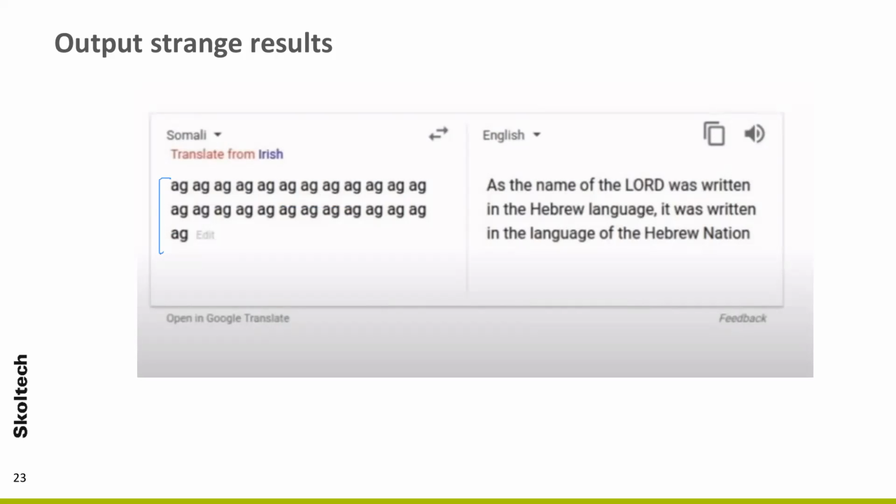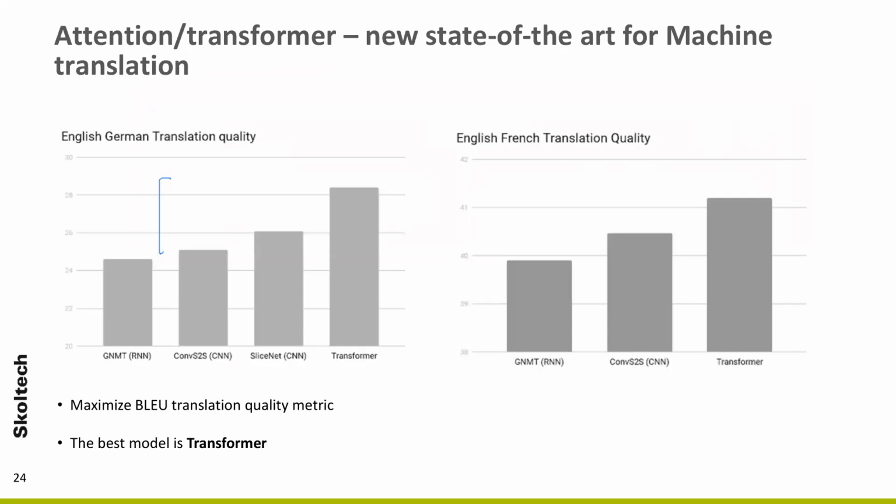Because I suppose there is not much parallel corpus, parallel text, for the pair Somali-English, and the book that is translated to all languages is the Bible, so it's translated to Somali too. And you can see that, okay, if you learn from biased data, you have biased results.